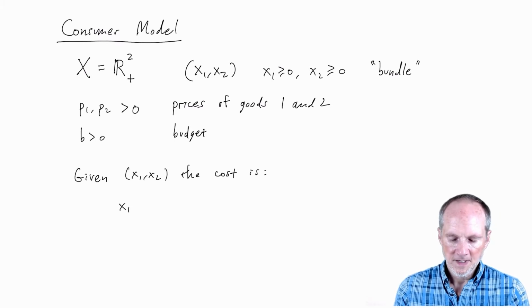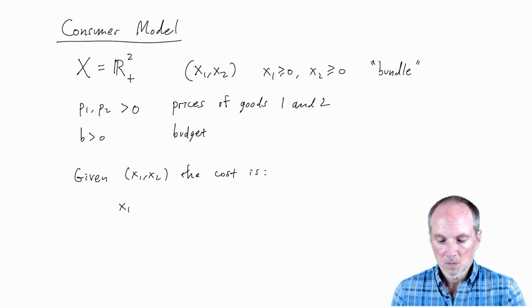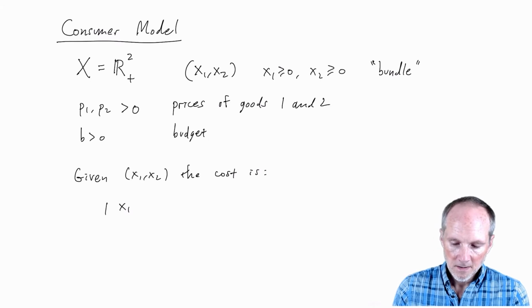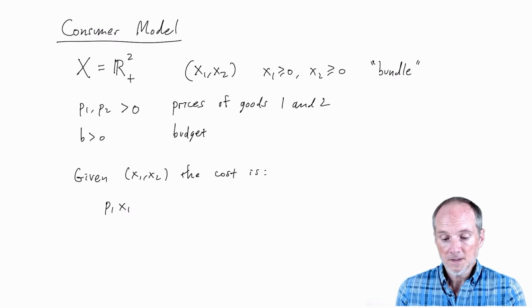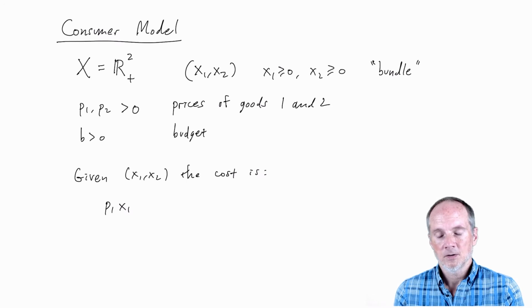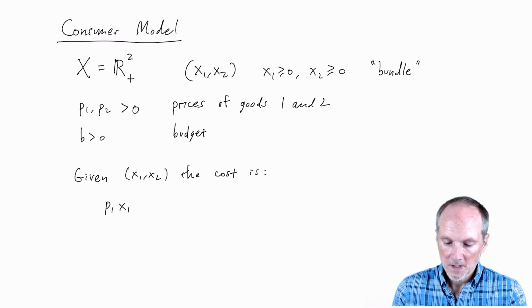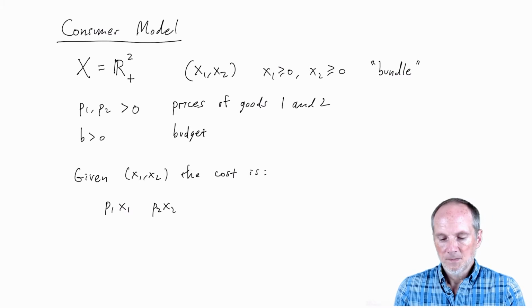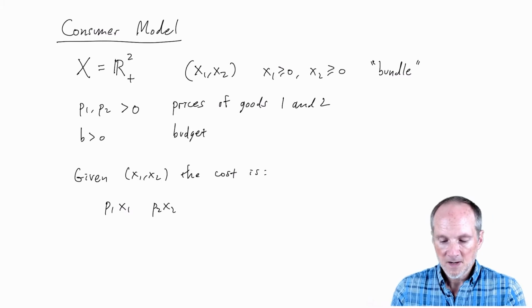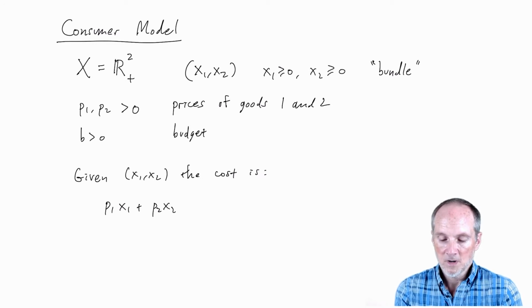Well, if there are x1 units of good 1 consumed, the price per unit is p1, so the amount spent on good 1 is p1 times x1. Same for good 2, right? So the total cost of that bundle would be the sum of the amount spent on good 1 and good 2.